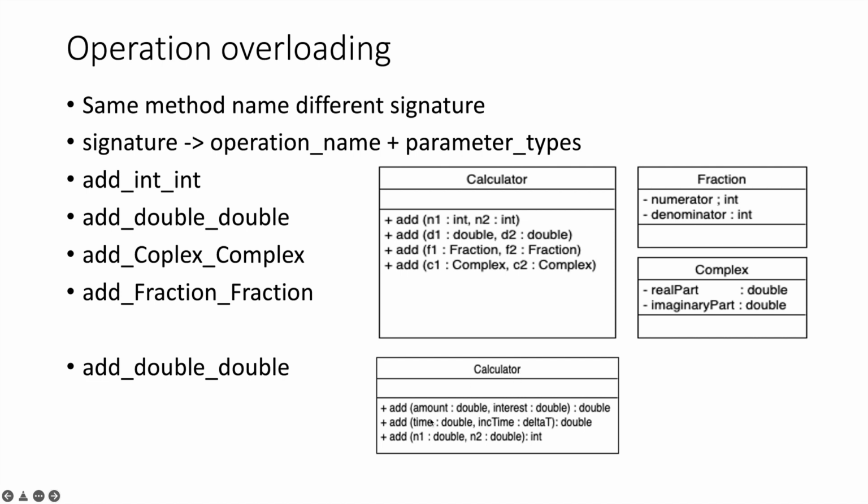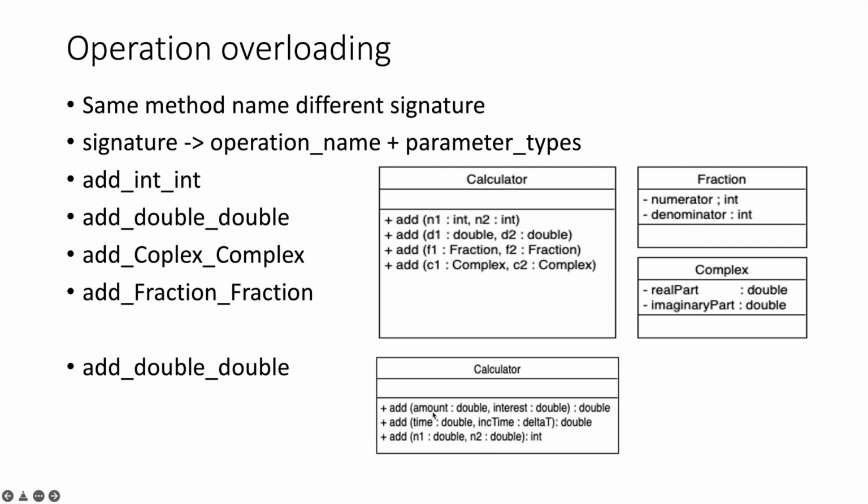Let us consider the next variant of a calculator class. Suppose the calculator class is present like this. Now obviously there is a possibility of operation overloading because the operation name is exactly the same. Let us give attention to its parameters and find out whether there has been operation overloading or not. Now let us find out the signatures of the operations individually.